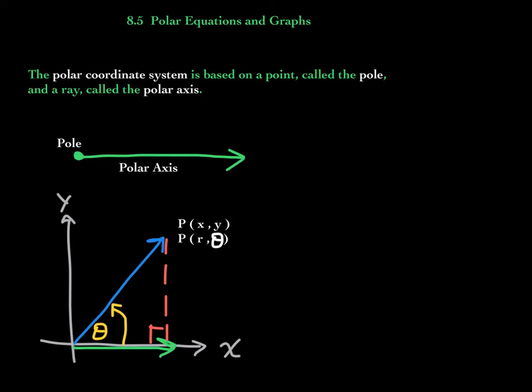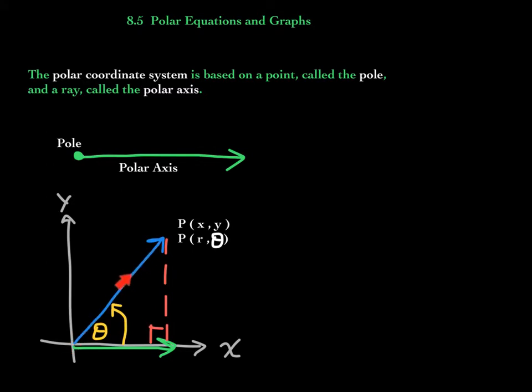Here in this picture, you can see that the pole has been placed at the origin of our rectangular coordinate system so that the polar axis actually coincides with the positive x-axis. Point P here has rectangular coordinates x comma y, of course, but point P can also be located by giving the directed angle, theta, from the positive x-axis to ray OP.